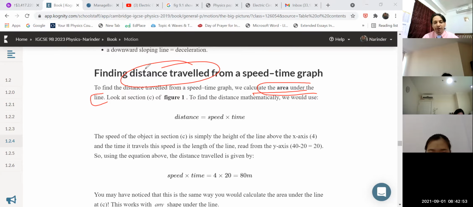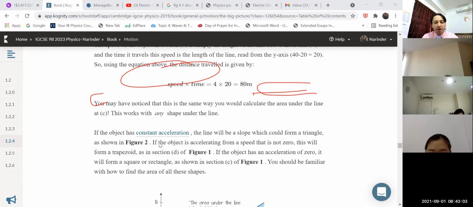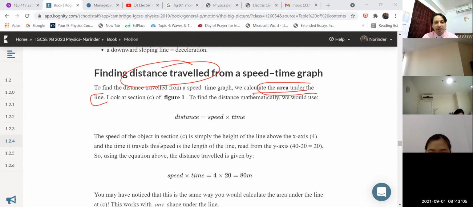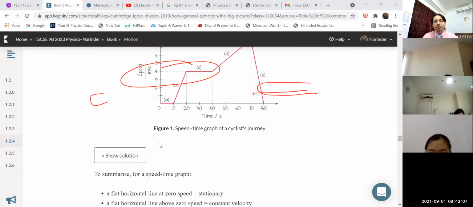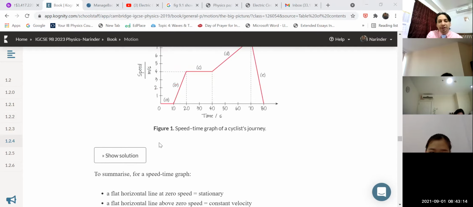And I want to give you one example. First, remember, if you are able to calculate the area under the line in a speed time graph, you will be able to calculate distance. Suppose, children, in graph number C, can you find out the area under this line?